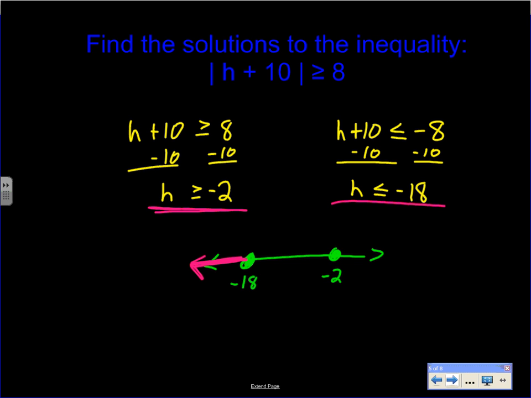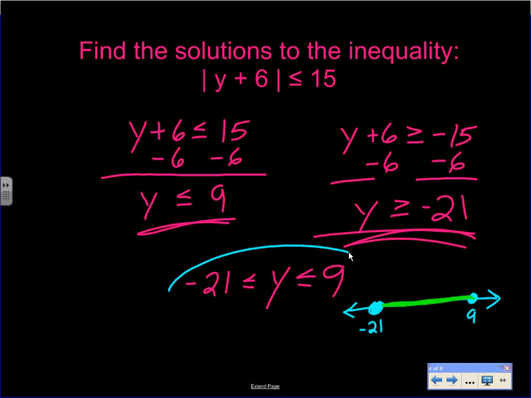The value of h here has to be greater than or equal to negative 2, and these numbers to the right will be greater than negative 2. And so those are how those problems differ, and that's why on this one we will not put those together like we did in the previous problem.